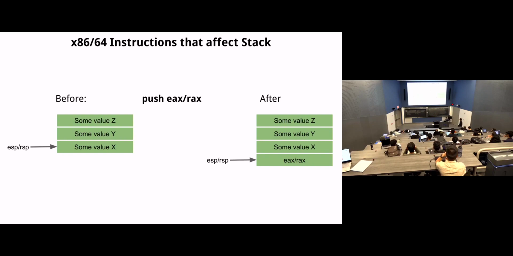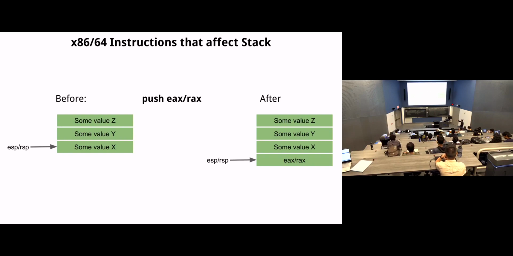The first instruction we're going to look at is push EAX or push RAX. This is the system before the instruction. This is our stack. The top is a high address, the bottom is a low address.